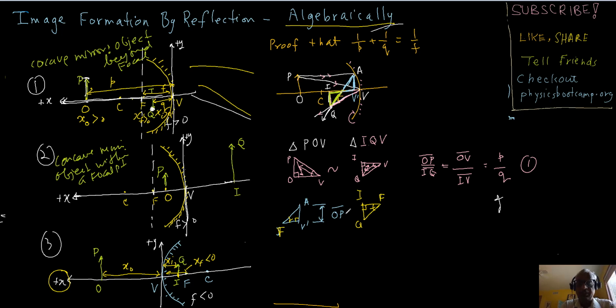So these are similar triangles. So AV prime, which is the same as OP, over FV prime, that distance, should equal, in this one the corresponding side is IQ distance, and then IF distance.